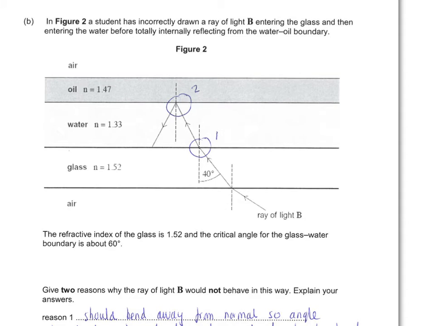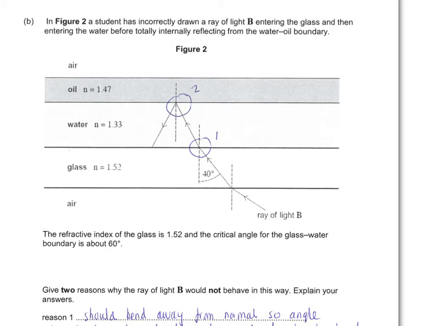Part B. In the second diagram, a student has incorrectly drawn a ray of light B entering the glass and then entering the water before totally internally reflecting from the water-oil boundary. So this path is shown here.